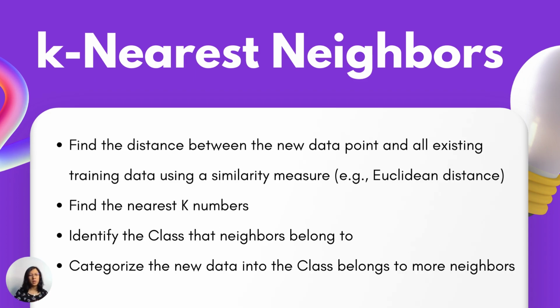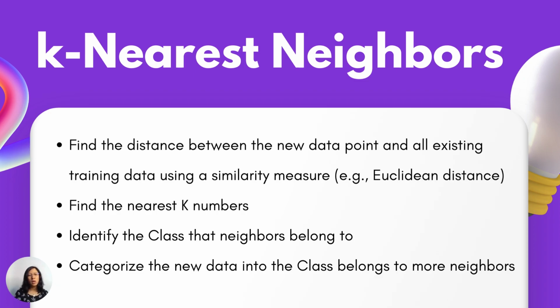So how does k-nearest neighbors work? Imagine we have a new data point. We calculate the distance from this new data point to all existing data using a similarity measure, for example Euclidean distance. Then we find the nearest k neighbors.